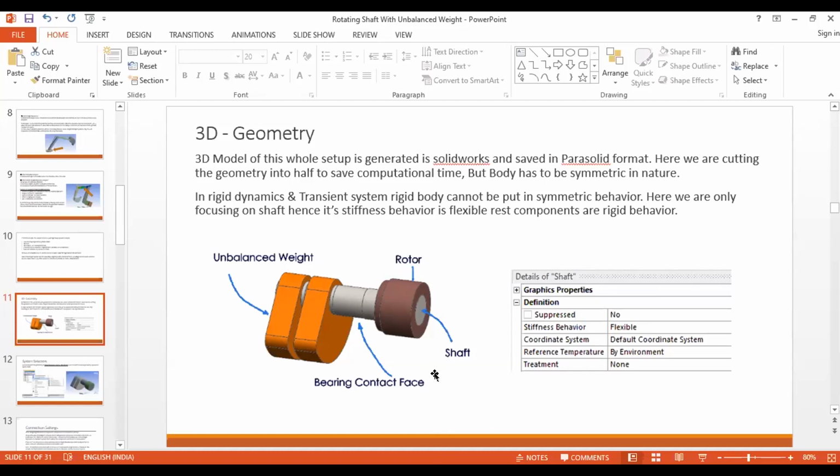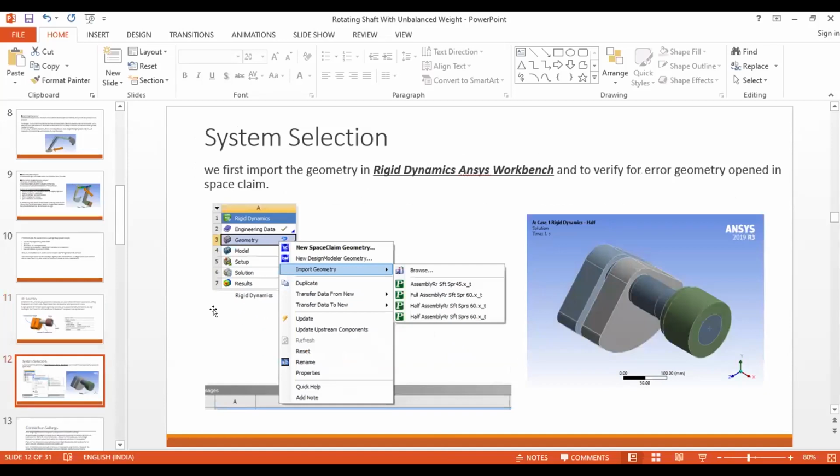I will tell you the connections, how I did these connections. For system selection, we first import the geometry in rigid dynamics in ANSYS Workbench, and to verify for errors, the geometry is opened in SpaceClaim. I did this in SolidWorks.